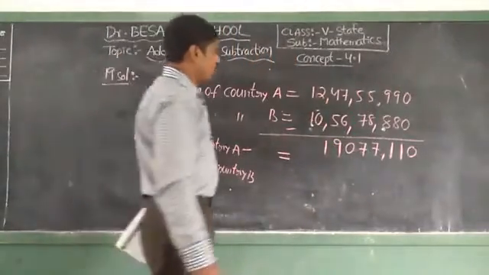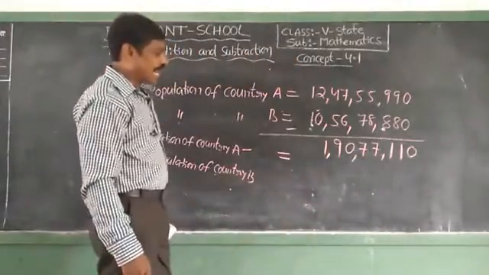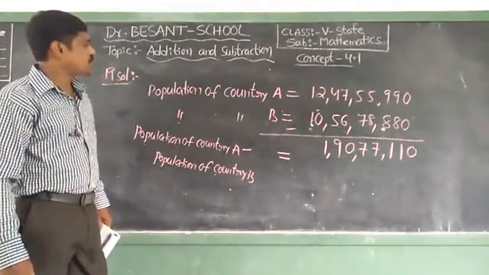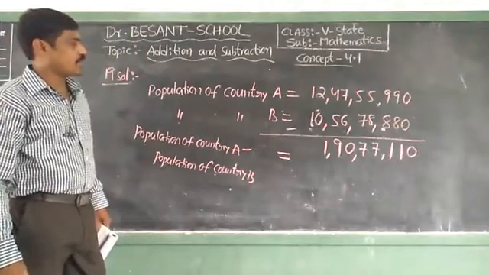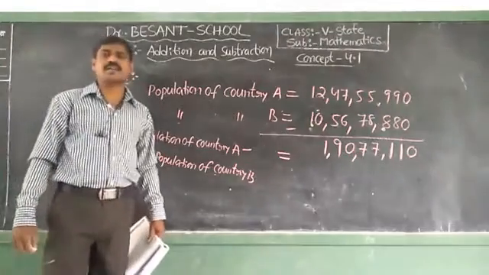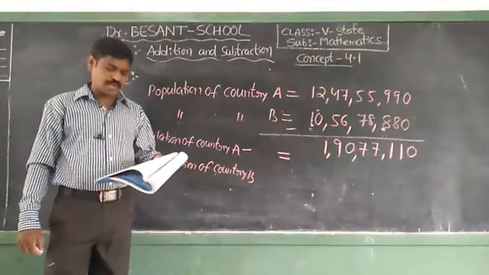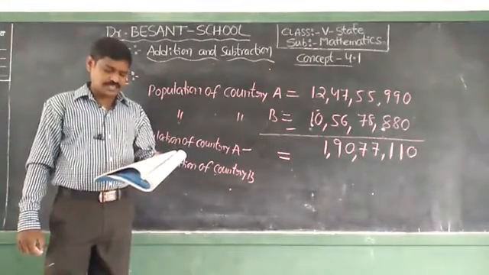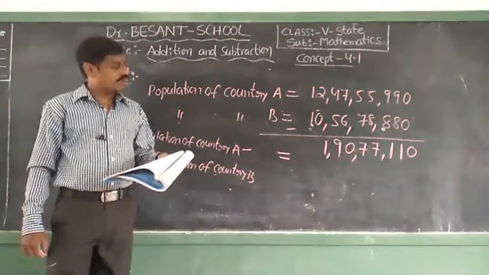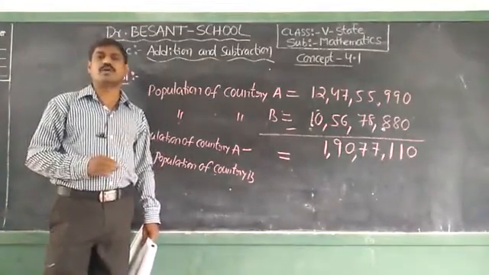Okay, so 1,90,77,110 is the difference, population of country A minus population of country B. Okay children, therefore the population of country B is less by 1,90,77,110. That conclusion we have to write.